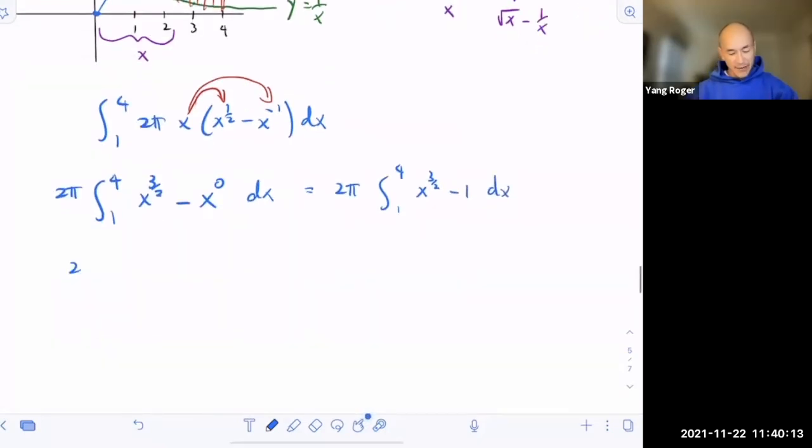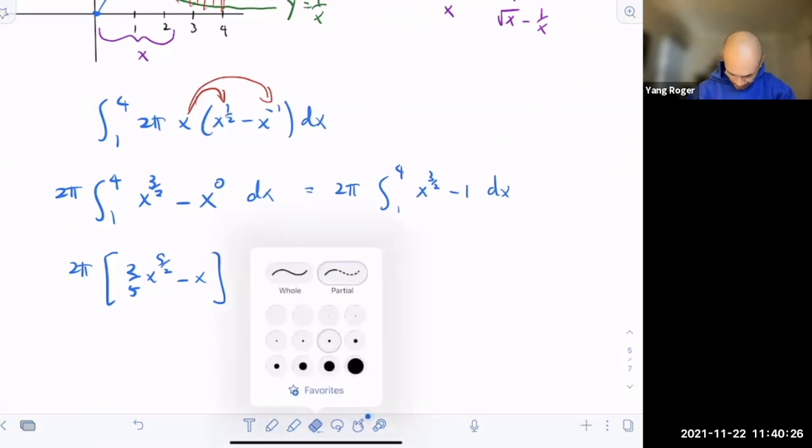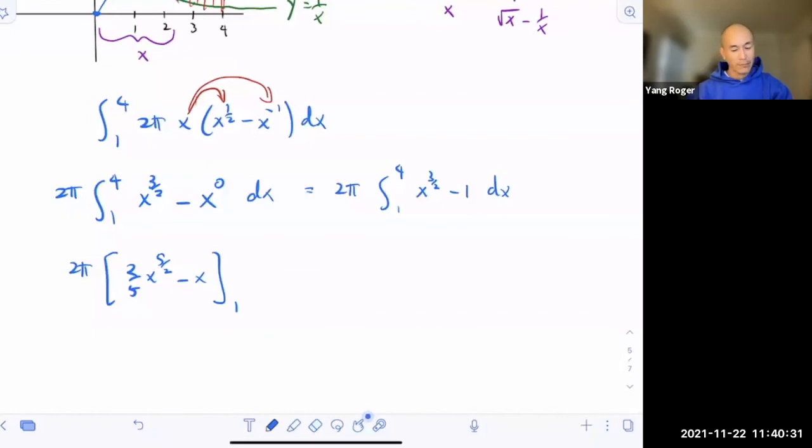Got to find the antiderivative. x to the 5 halves times 2/5 minus x from 1 to 4. And that's going to give you a 2 pi, 2/5 times square root of 4 is 2, 2 to the 5th is 32.